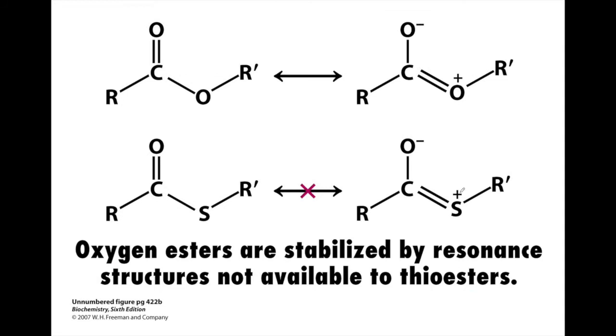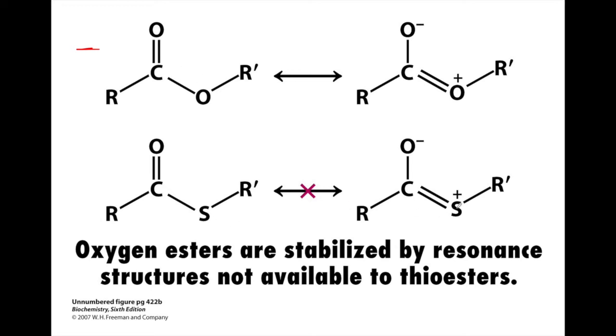So what makes thioesters such high-energy compounds compared to maybe regular esters? Well, if we look up here at the top, here we have a regular ester. This is an ester functional group, and these are able to undergo resonance. And we know that resonance structures will stabilize a molecule because they spread that electron density out over a larger area. So an ester is a fairly stable molecule, stabilized by resonance.